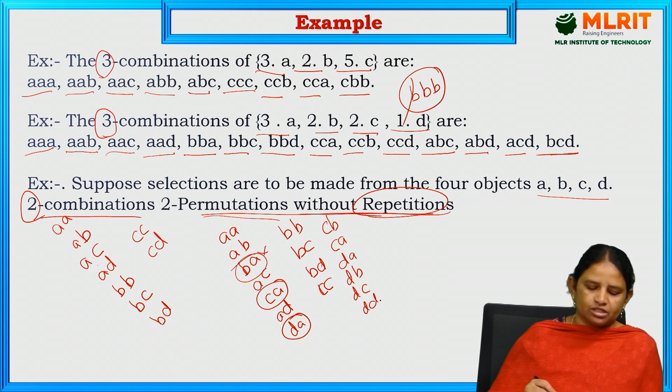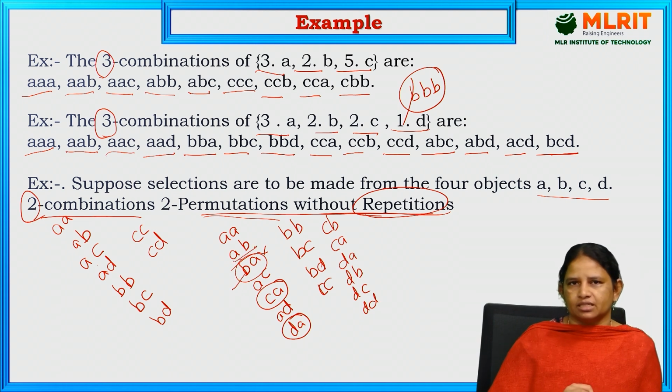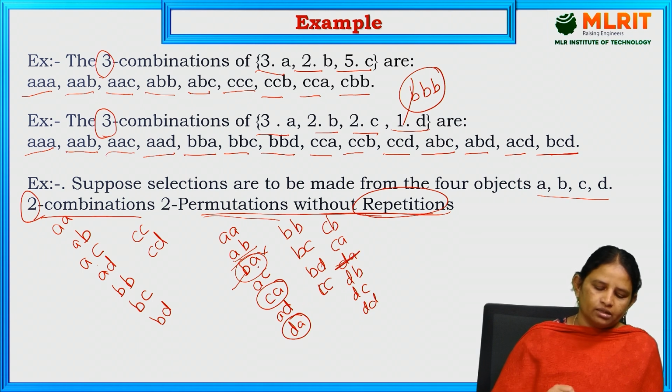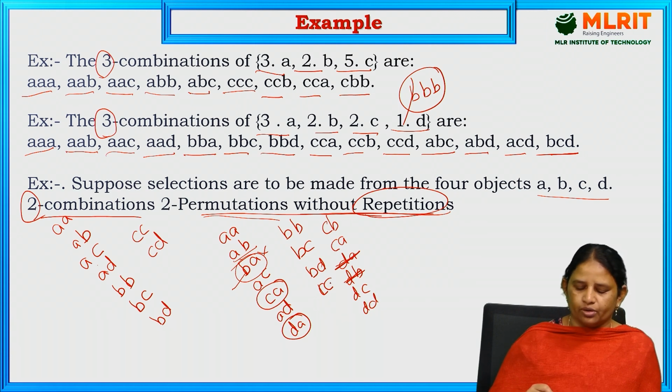But repetition is not allowed means BA you can remove it because AB already exists, AC, CA is already there. So, no need to write AD, DA. Then remove DA. BA is already there. Next, DB, BD is there. Then DC, no need to write.